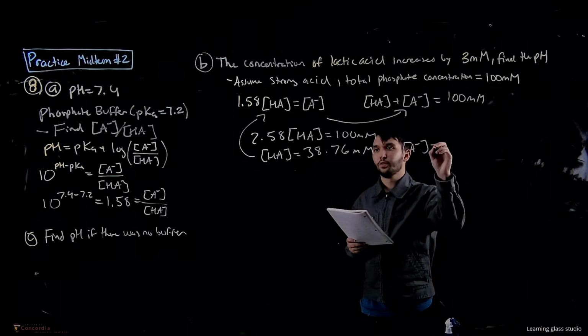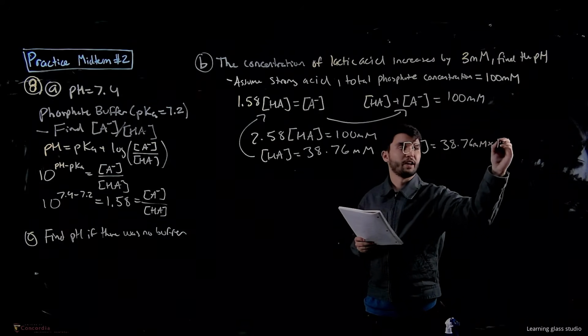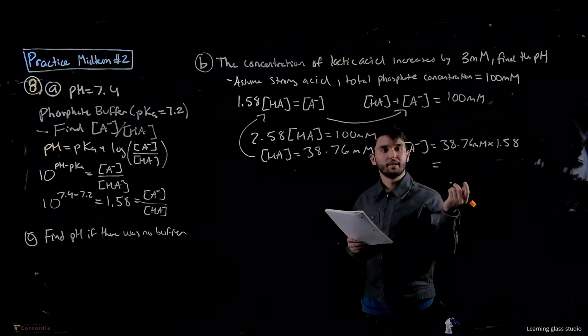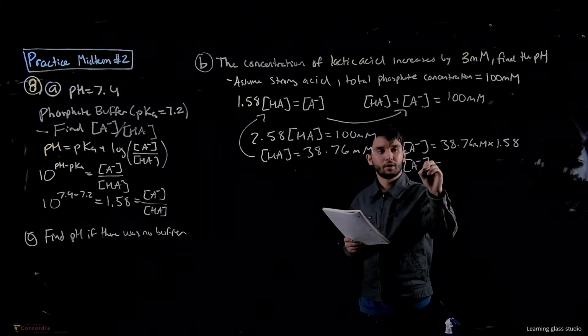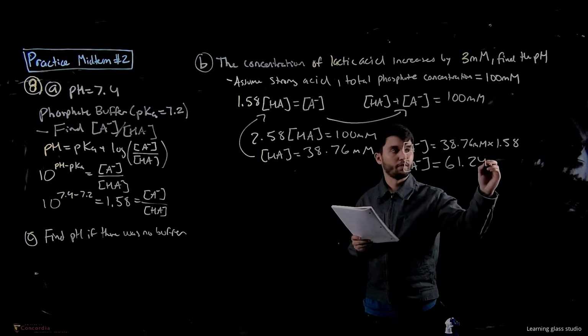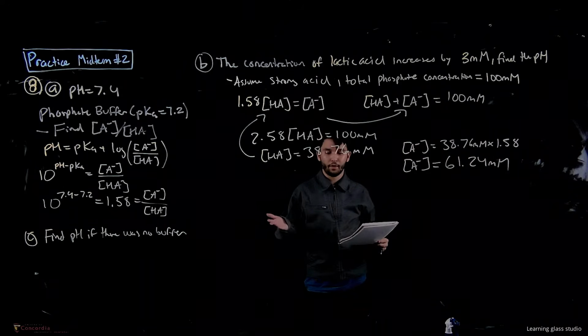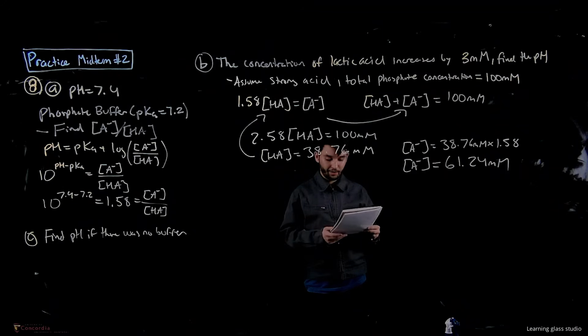A minus equals 38.76 millimolar times 1.58, which is equal to 61.24 millimolar.